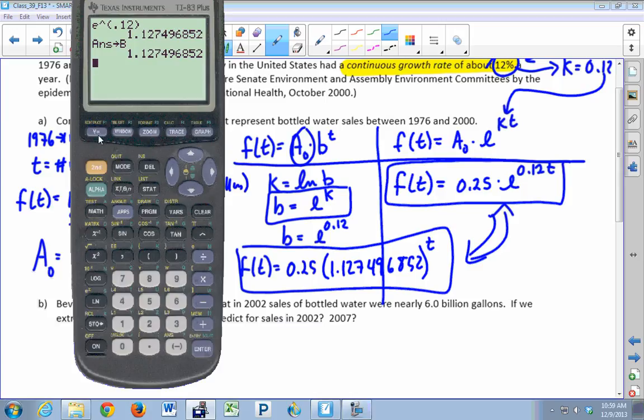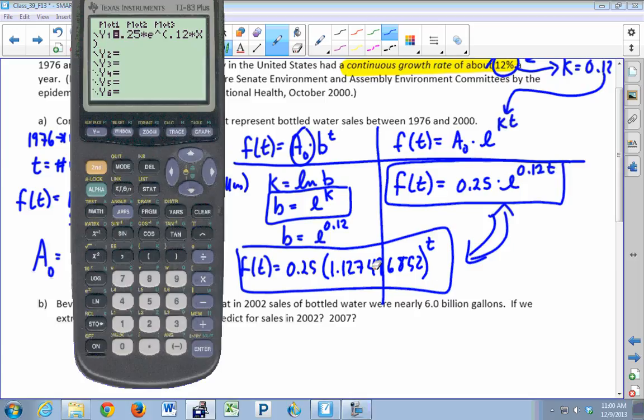So let's suppose I want to put these two models into my calculator. Let's clear this out. My first model is 0.25 times E to the 0.12 times X. That's my first one. Now, this one is supposed to be totally equivalent.